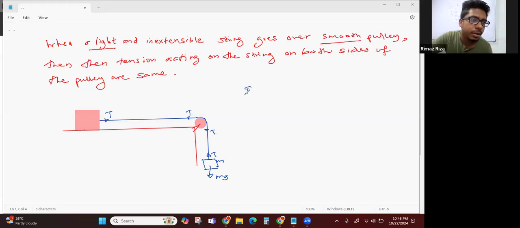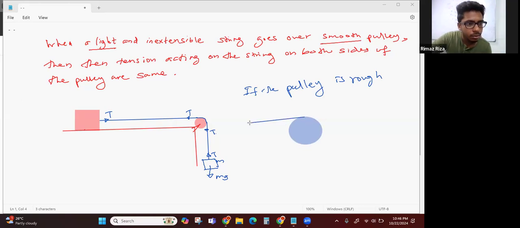Okay, so under here we can write, if the pulley is rough, then, so this is the pulley, and let us mark the string. So the string goes over this pulley.